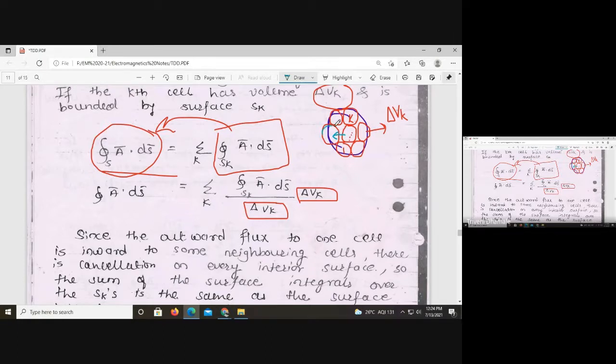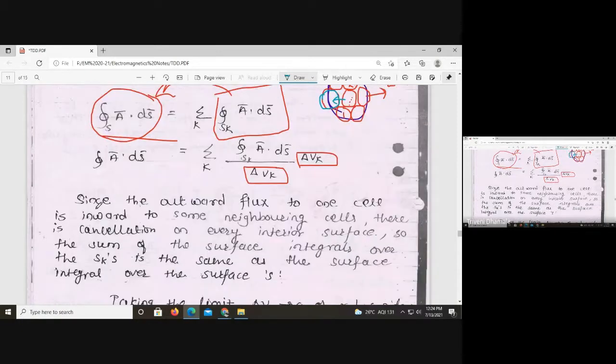But for this cell, this is the inward flux, right? So the outward flux of one cell is inward to the neighboring cell, so there is a cancellation on every interior surface. So the sum of the surface integrals over the S_k is the same as the surface integral over the surface S.